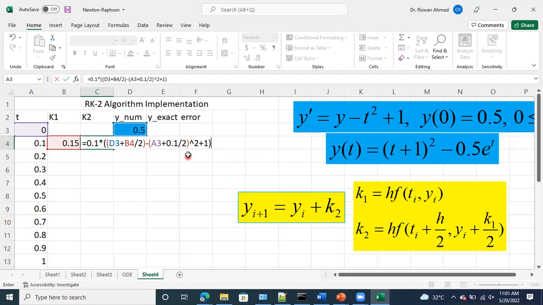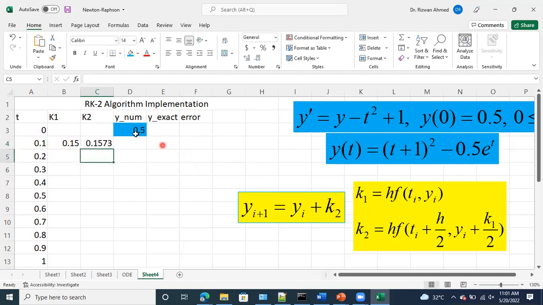This step has to be done very, very carefully, and you have to follow the proper protocol of the parentheses. After that, yi plus 1 will be equal to the old value of y plus the K2 value. And that's it. So this is one step calculation.